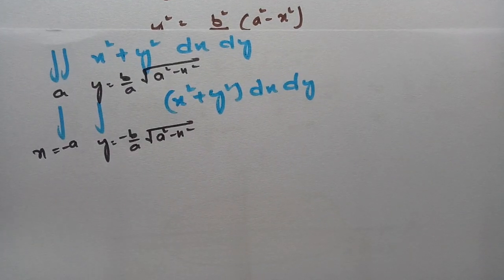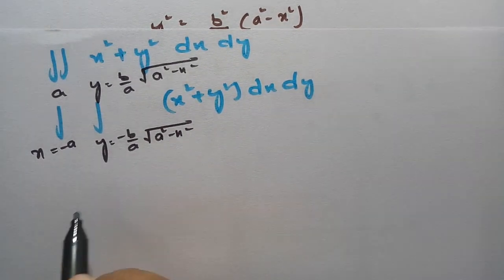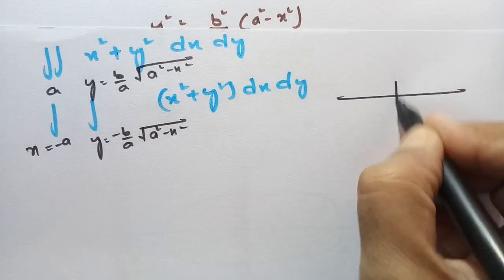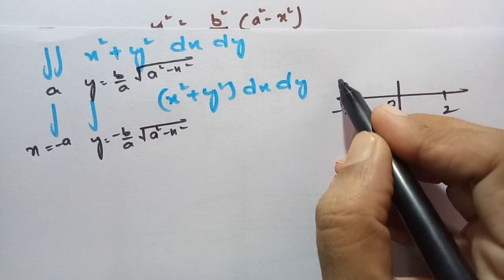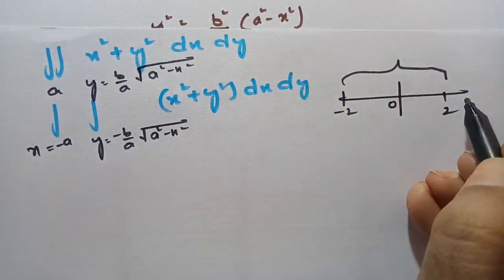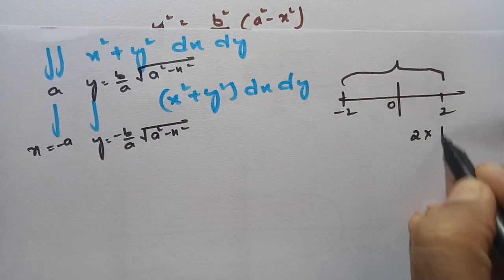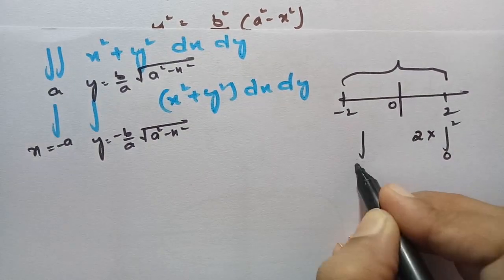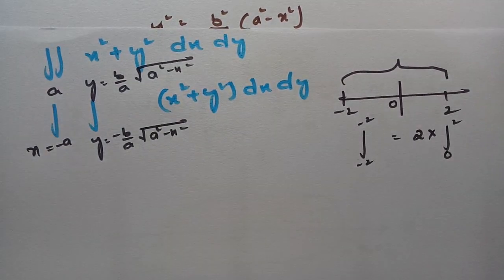First of all I am going to integrate with respect to y. So I have told you so many times, this is the origin, this is plus 2 and this is minus 2. Instead of calculating from minus 2 to plus 2, I am going to calculate 2 times 0 to 2.